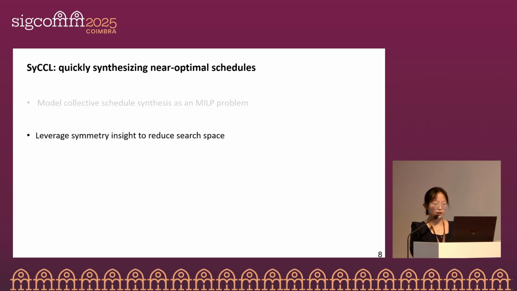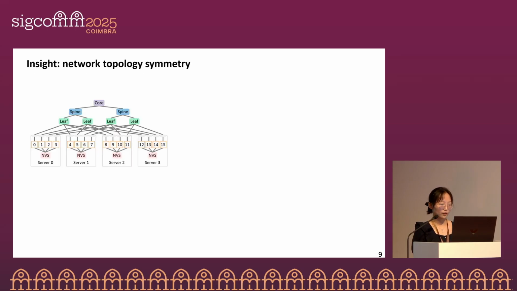Next, I'll show how we use symmetry to reduce the search space and make the solving scale. The key insight is that GPU cluster topologies are highly symmetric. For example, in this topology, there are 16 GPUs on 4 servers. In each server, GPUs are connected via an NV switch.